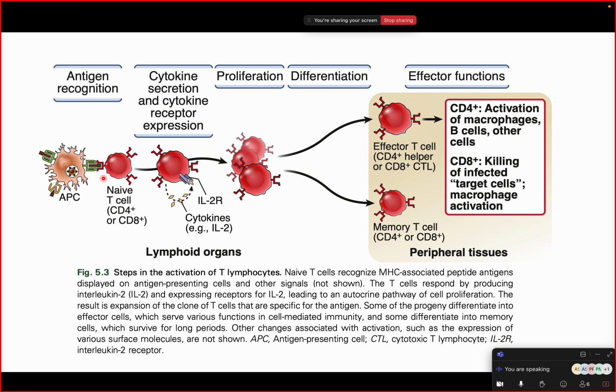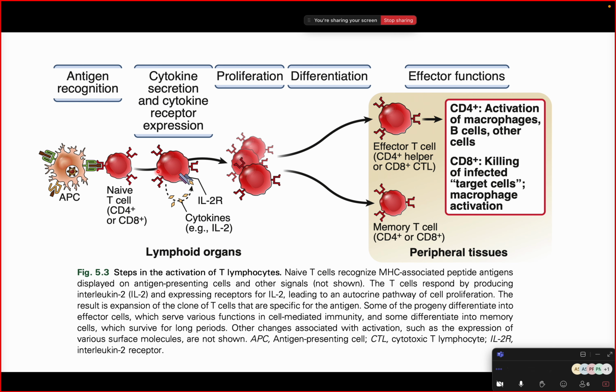It gets the signal that it has matched up with this APC, and this APC is infected with a microbe, so it needs more such cells which can bind to infected cells.